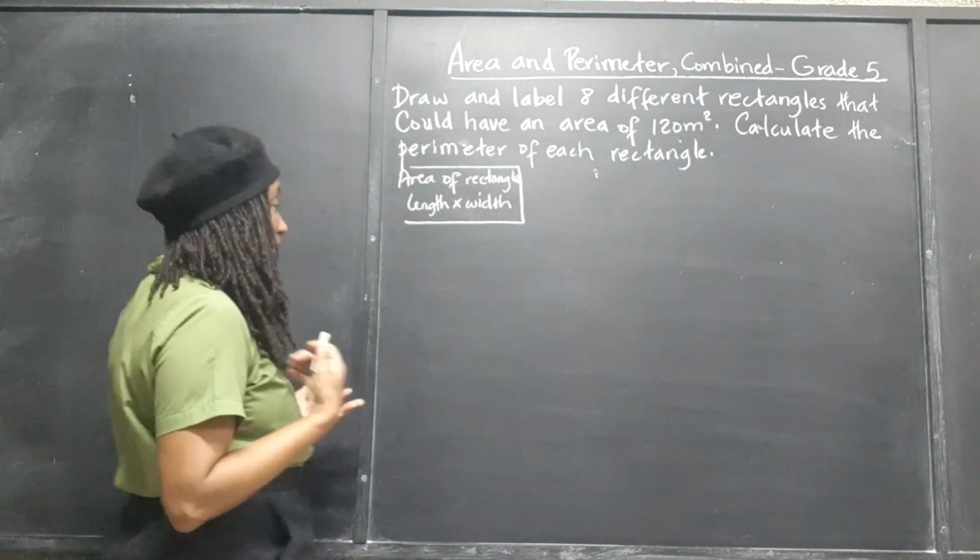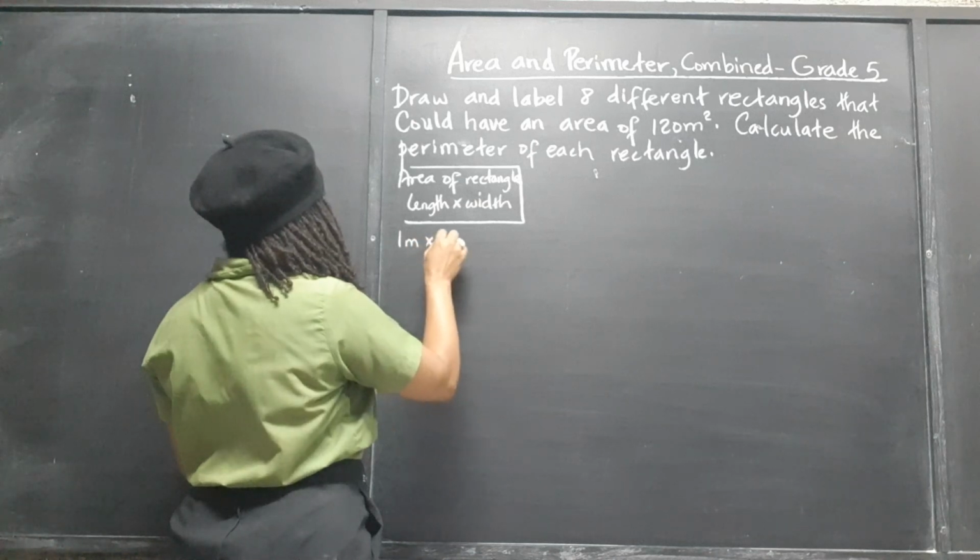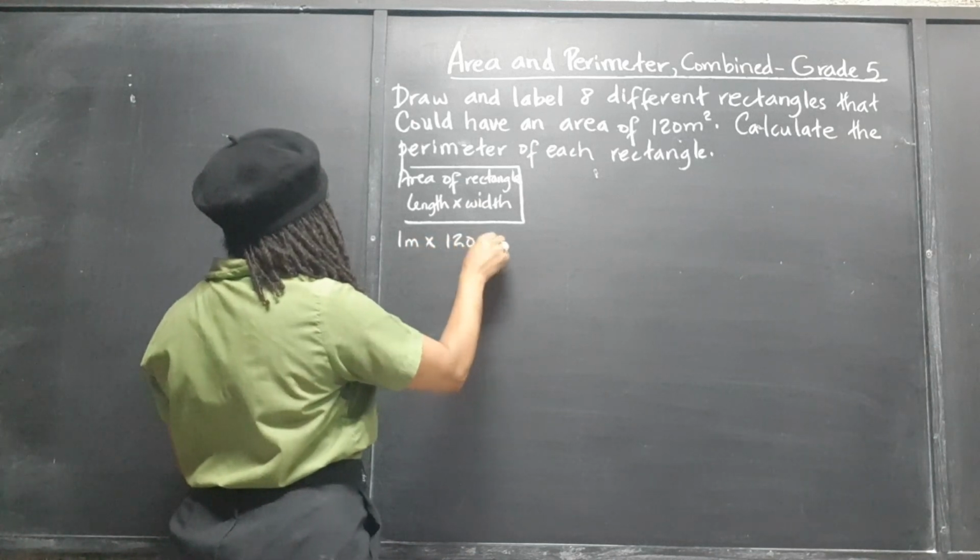Alright, so let's start with the first factor, which is 1. So that's 1 meter times what? 120 meters.